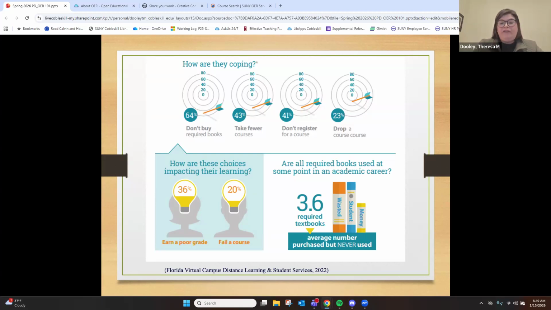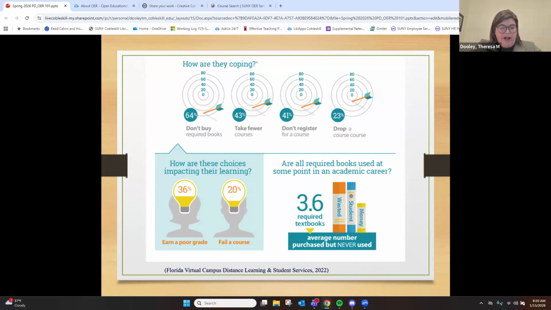If you have a $150 textbook, think about what it would be like for them to have that in 5 of their classes. All right. I know you think it's important, but really, them not being able to afford their course materials is having an obscene impact. Another really interesting tidbit that I've never seen put into data before is something I always kind of knew about: how many faculty are putting required textbooks on their syllabus and then not even using them.